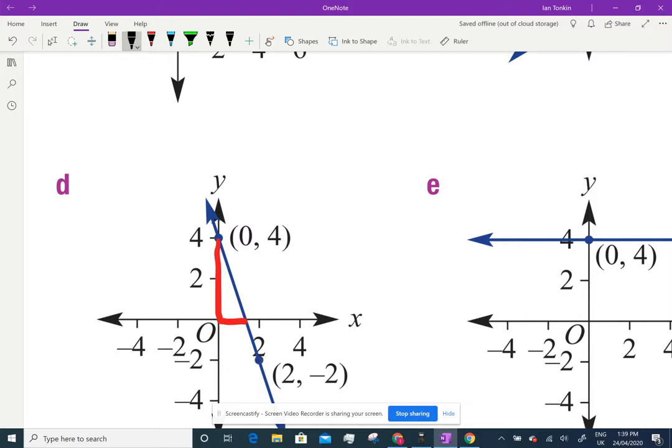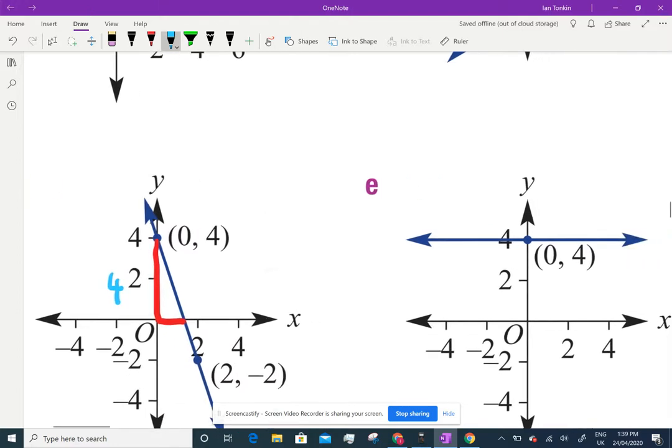It's nice and easy. So it's 4 over, oh no, well I can't use that point, can I? Because I don't know what it goes through. So I will have to use this one, because I don't know that value there.